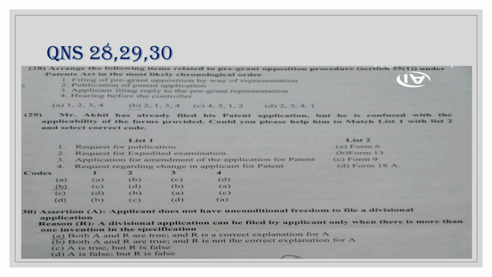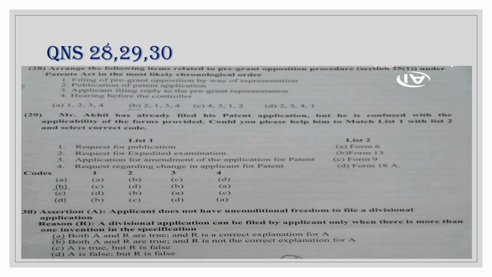Why? Just take a look. Option B has combinations like 1C, that means request for publication should go with form number 9, and the next one is 2, that is request for expedited examination should go with form number 18A, that is D. Fine.